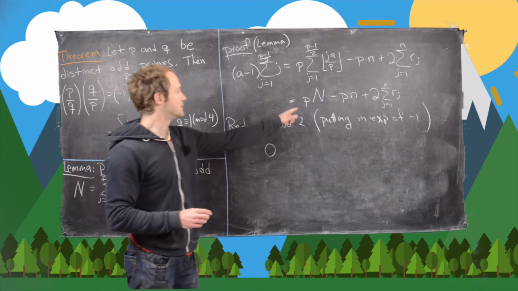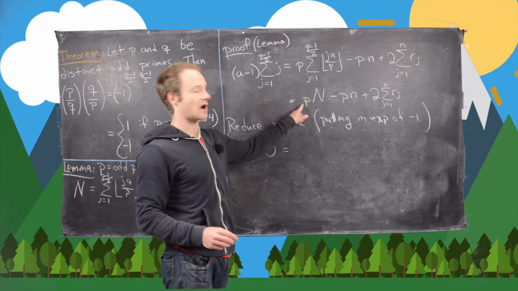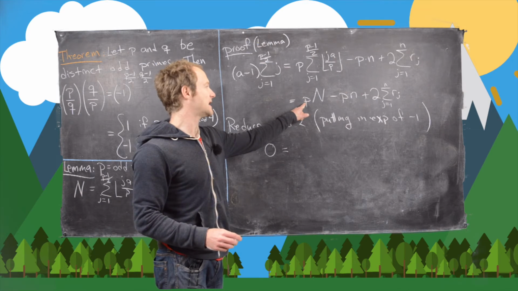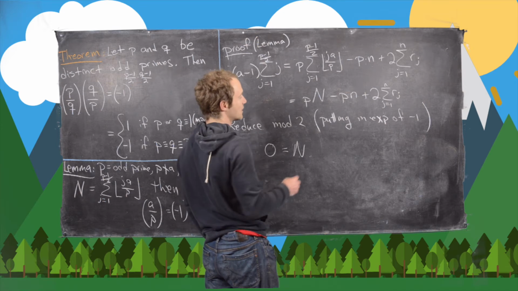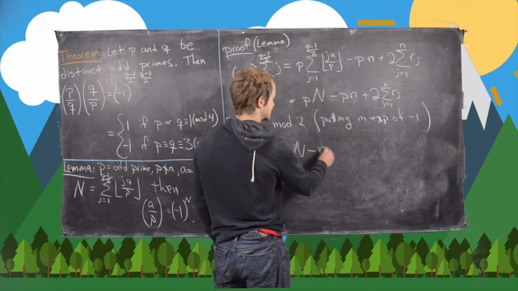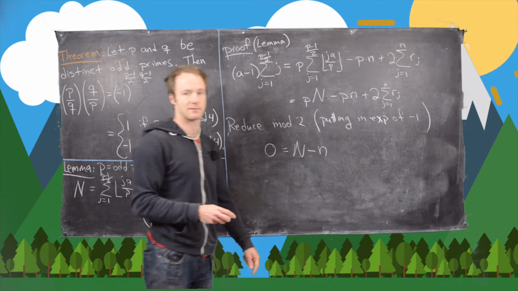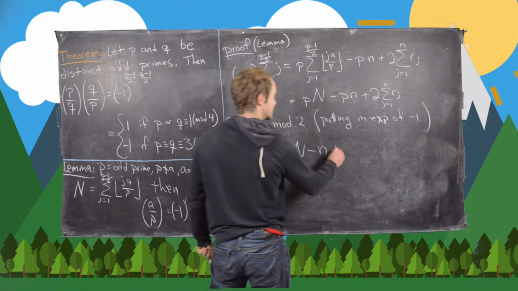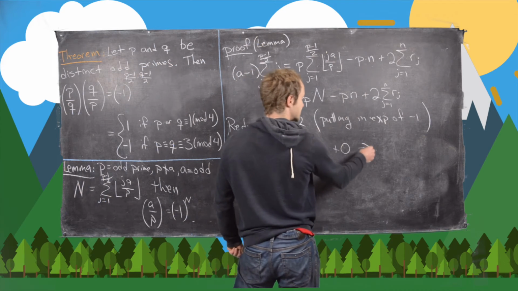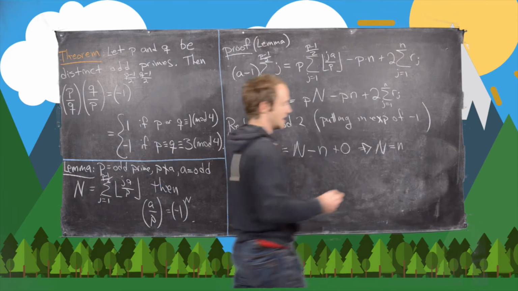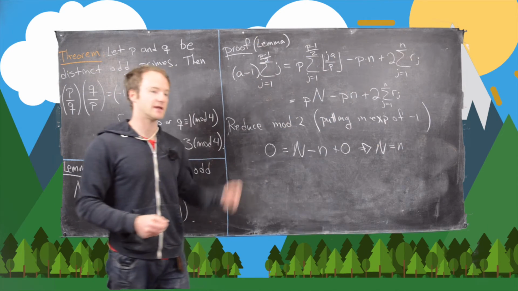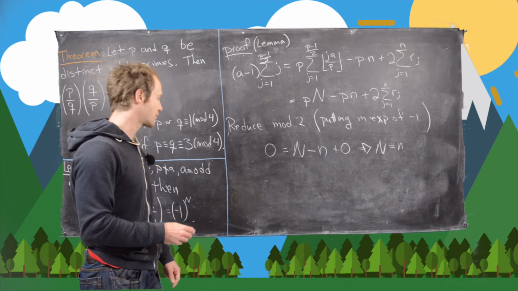And then also, over here we have p as an odd prime, so that means p is congruent to 1 mod 2, so we get n. And then here we have the same p, so that's minus little n, and now we have 2 times a number, so that is plus 0. So notice, in this case, we get our capital N equals the little n, which again, the little n is as described earlier in the proof.